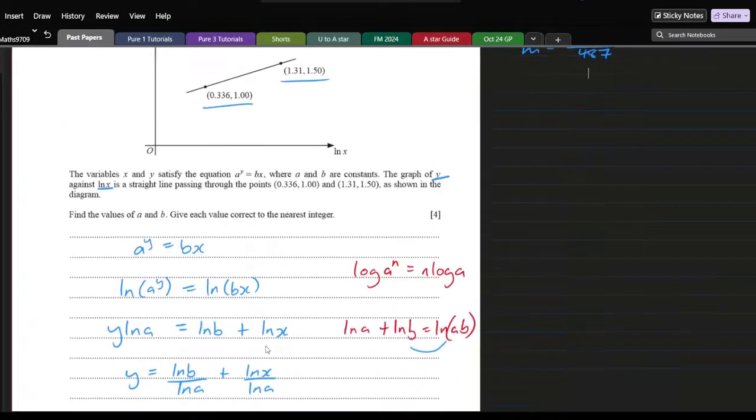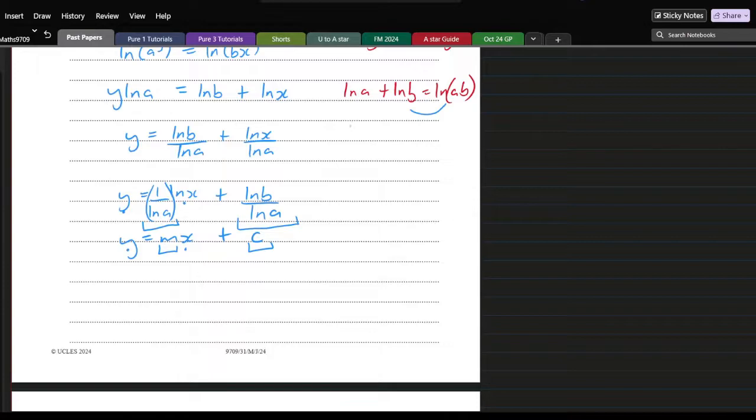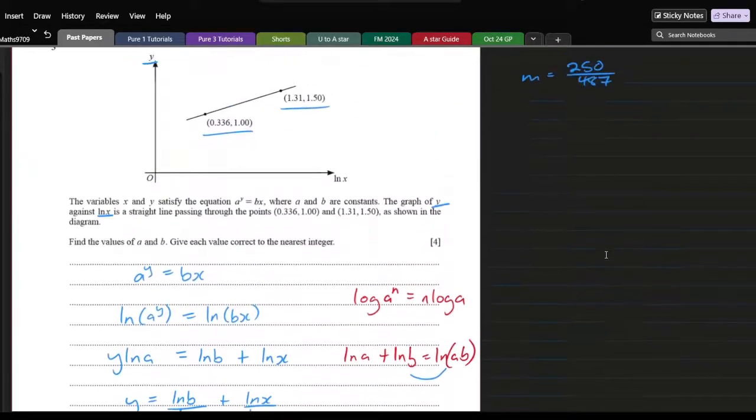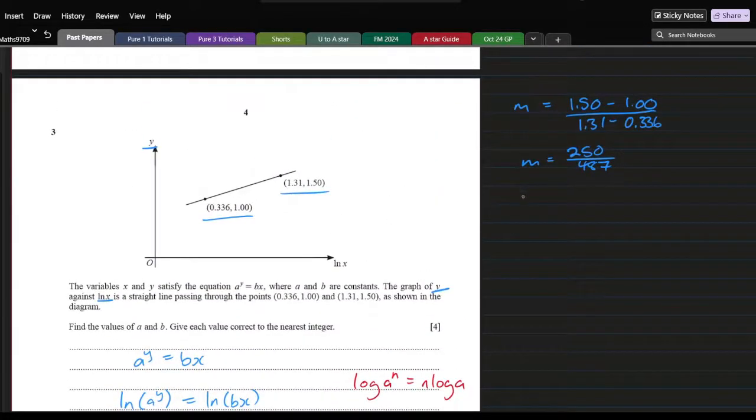Going back to the comparison we made to the equation of a straight line, our gradient m is the same as 1 over ln a. So since we know what m is, we can say that 1 over ln a is equal to 250 over 487. So what this means is that ln a is equal to 487 over 250, and we can solve for a by applying the exponential function to both sides.